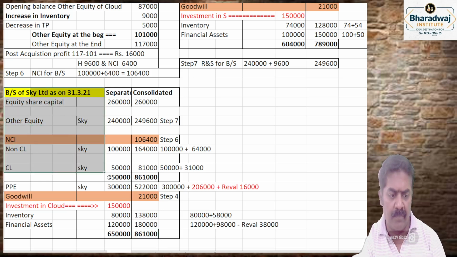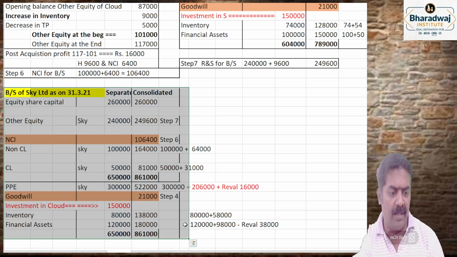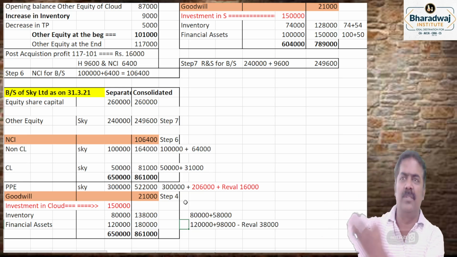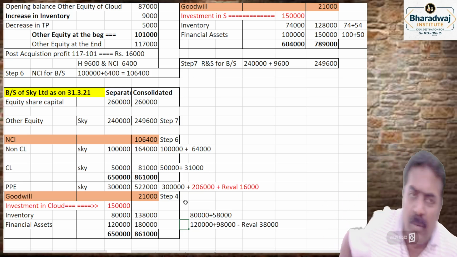Tallies. Classroom problem tally. This is similar to earlier we have done a problem, right? Only numbers are different.